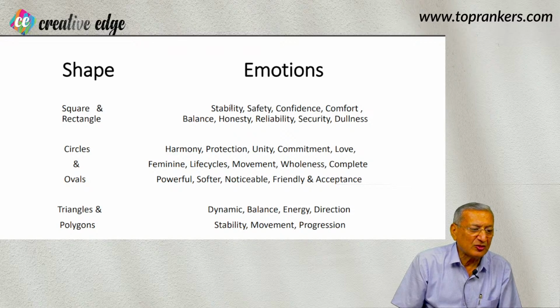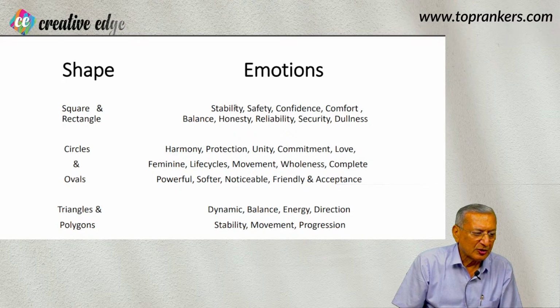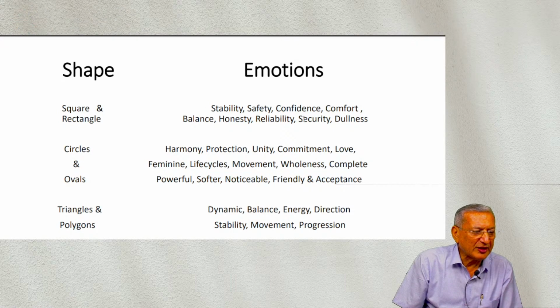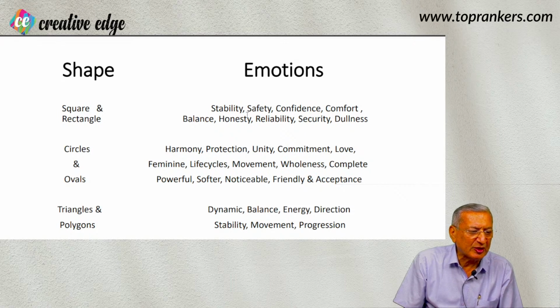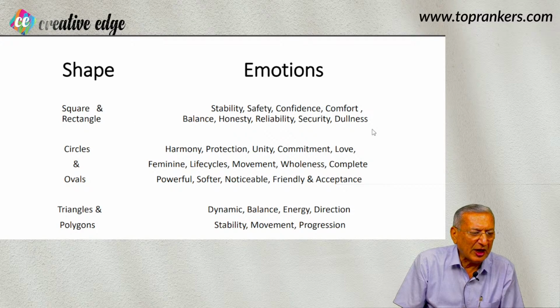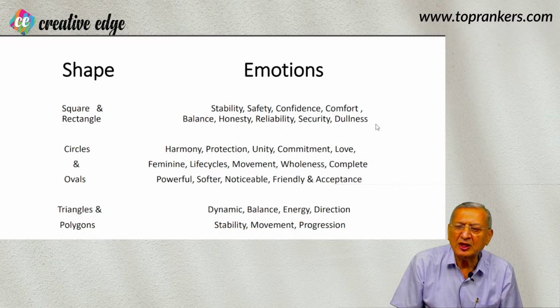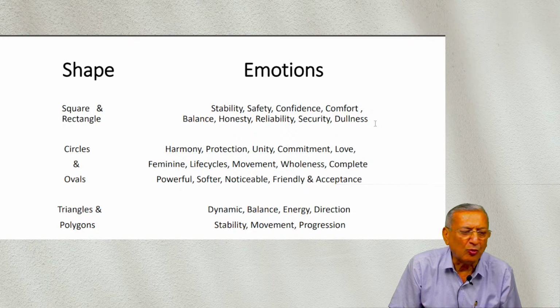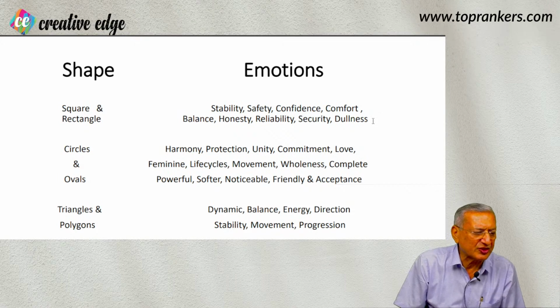Now stability is also there with triangles, so we will talk about that. So square and rectangle gives you a feel of stability, safety, confidence, comfort, balance, honesty, reliability, security, dullness. Dullness means it doesn't move, so it remains stationed.